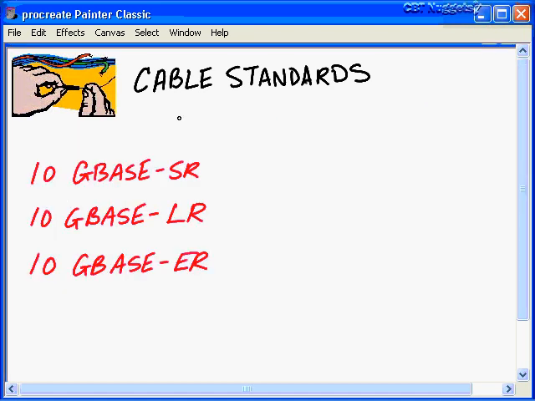Hey, why stop now? We're on a roll. Let's get really obnoxious with 10 gigabit per second cable standards. You've got 3 of them here to look at. First of all, you've got 10 G-base SR, and this is actually the 802.3AE standard.